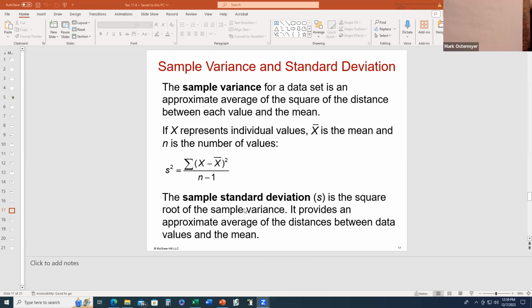All right, so ladies and gentlemen, this is a formula for, in general, how to compute the variance of a data set. Lowercase s squared is the symbol used to represent the variance of a sample. And notice, to generate the variance of a sample, we sum up the squared differences that exist between a data point x and the mean of the sample x bar.